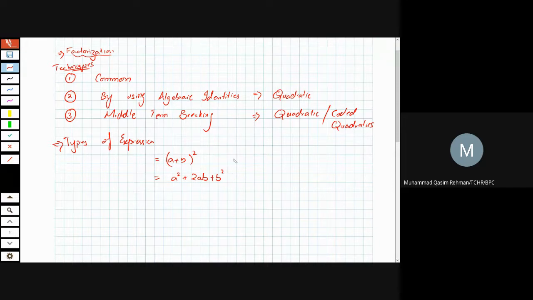So this is still an expression. So how would you differentiate between an expression and an equation?